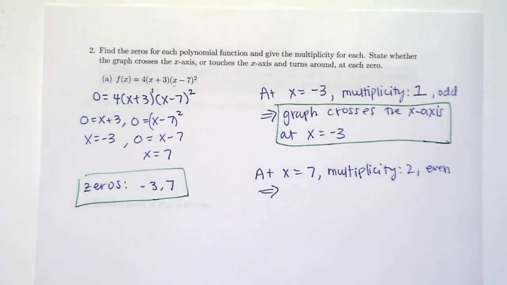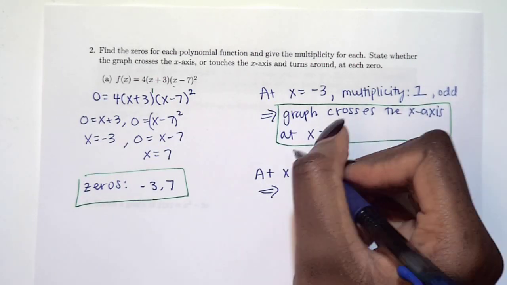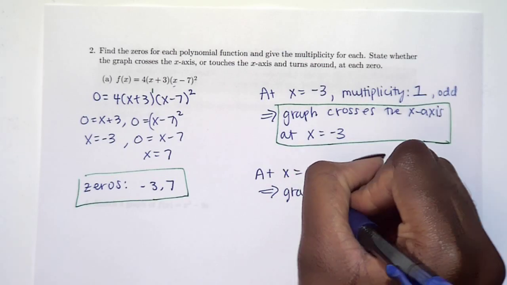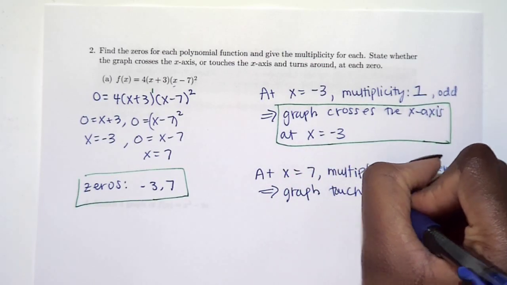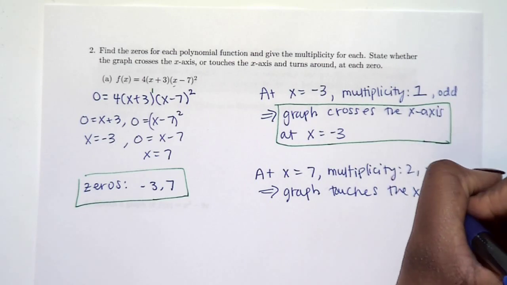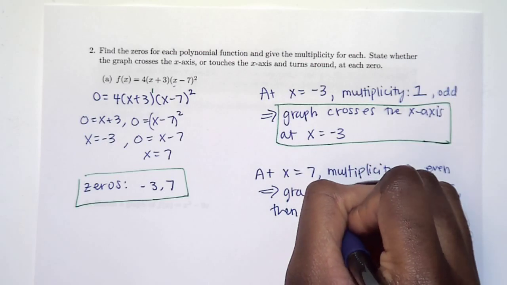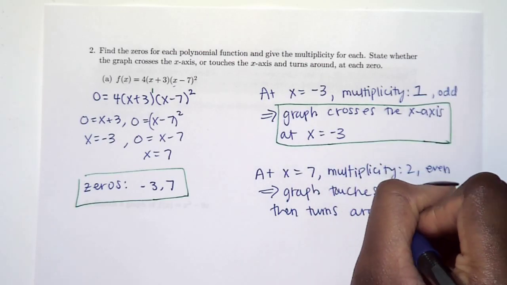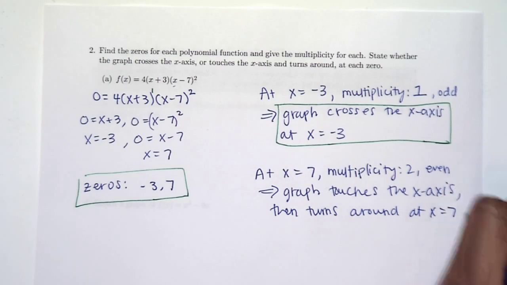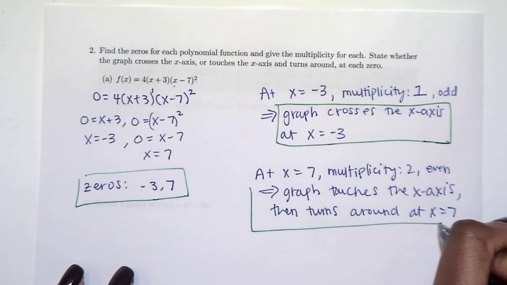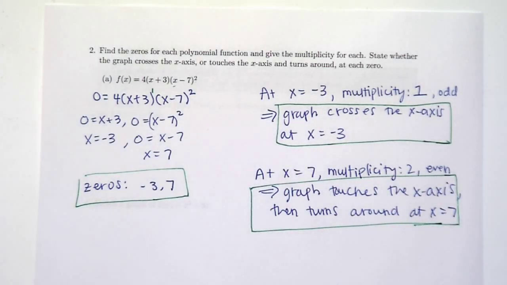So that tells us our graph does not cross the x-axis; however, it touches the x-axis and then turns around. This is our information about what our function does at the zeros, and we'll do another example.